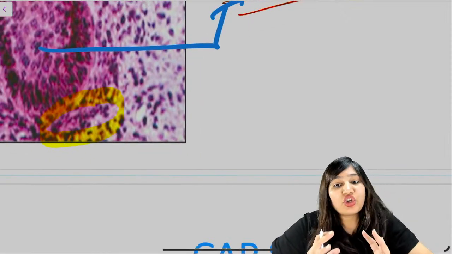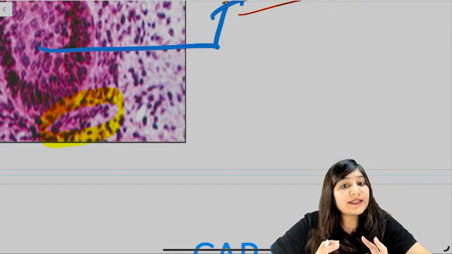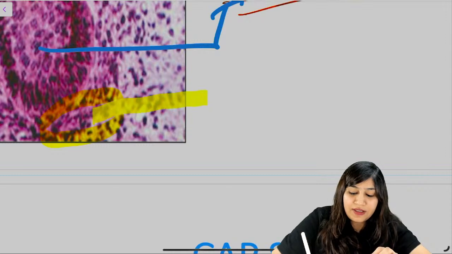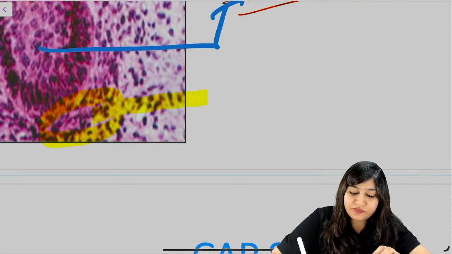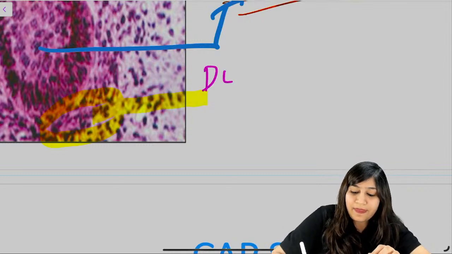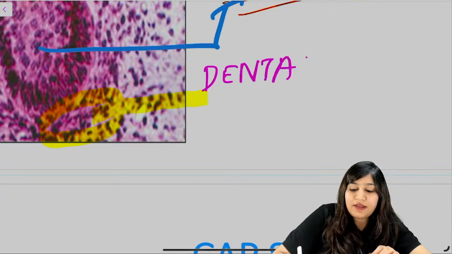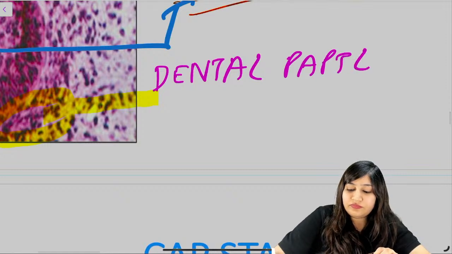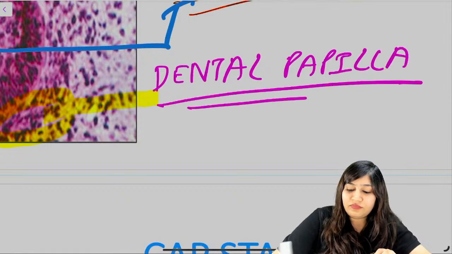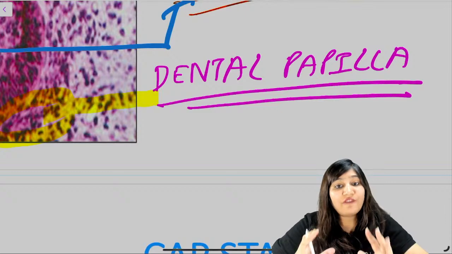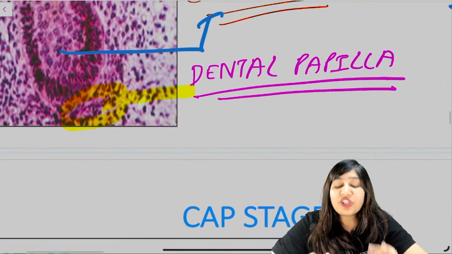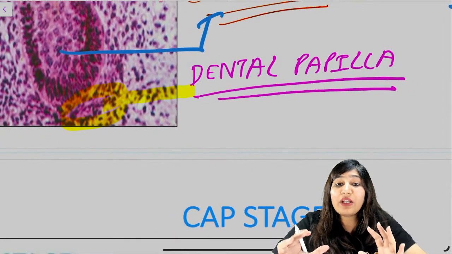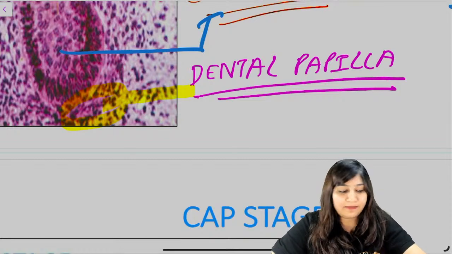This condensation of ectomesenchymal cells just adjacent to the enamel organ is our dental papilla.